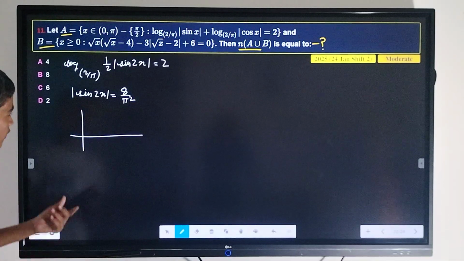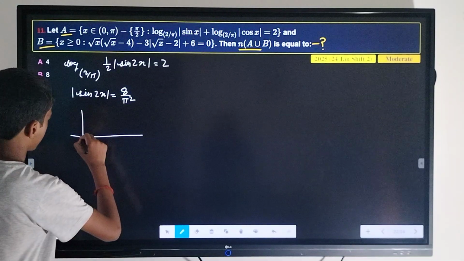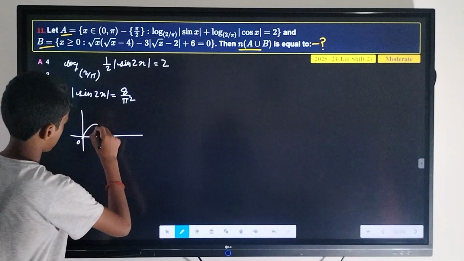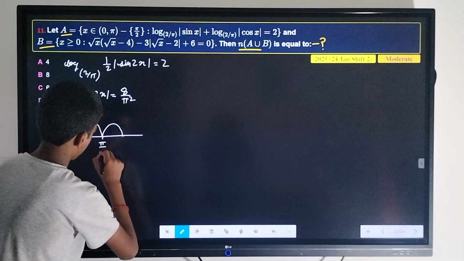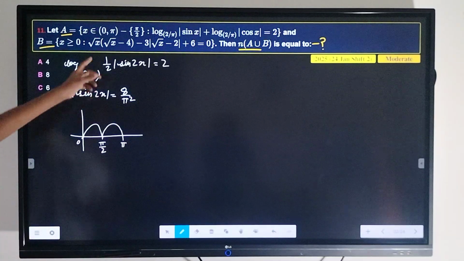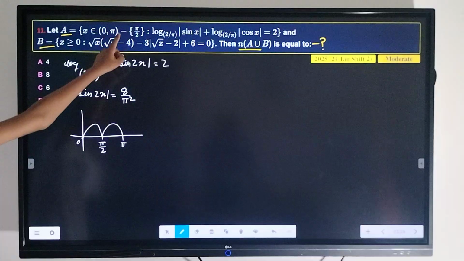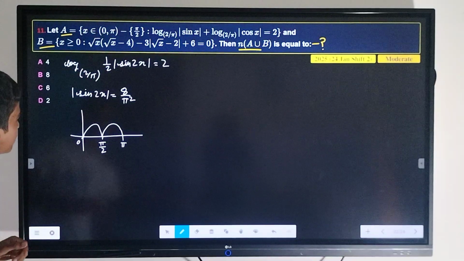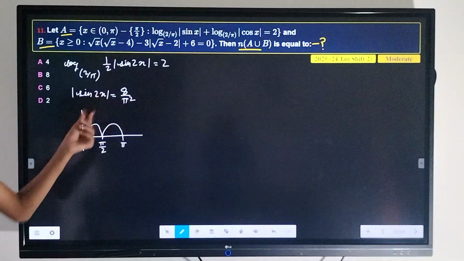Now we are going to plot the modulus of sin 2x. This is 0, pi by 2, pi. Because we are going from 0 to pi, we are not taking pi by 2 here, so this would be open here. Now we will plot 8 upon pi square.